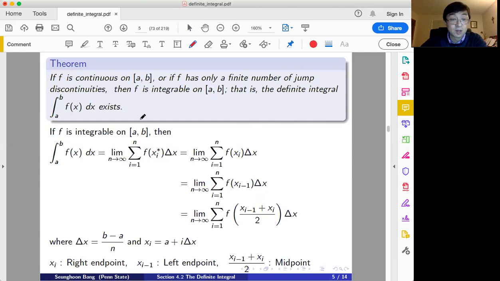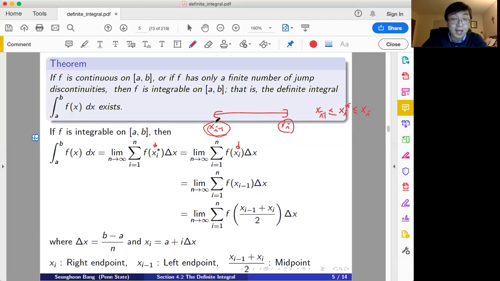So what does it mean? The meaning is like this. We have one sub-interval, from xi minus 1 to xi. What is xi star? Xi star is any point between xi minus 1 and xi. So you can choose xi star to be xi, the right-hand point.